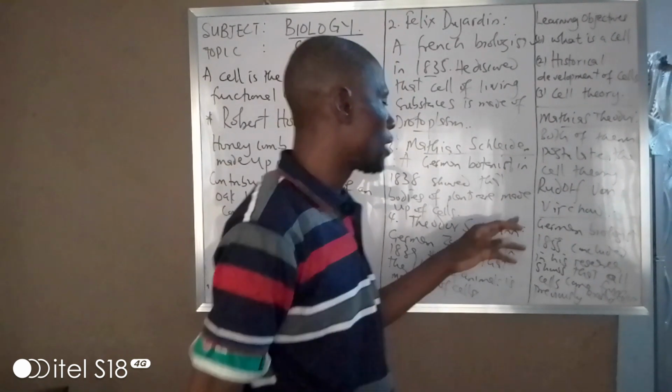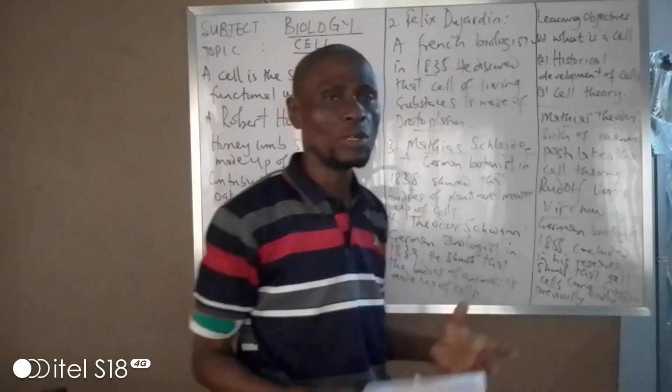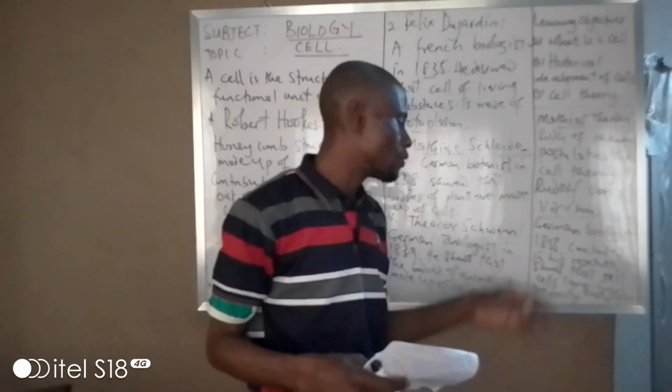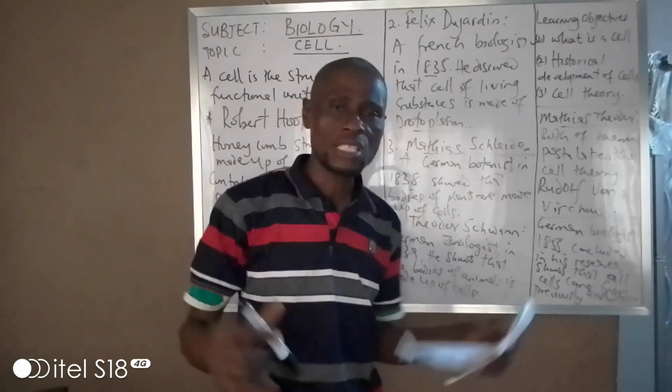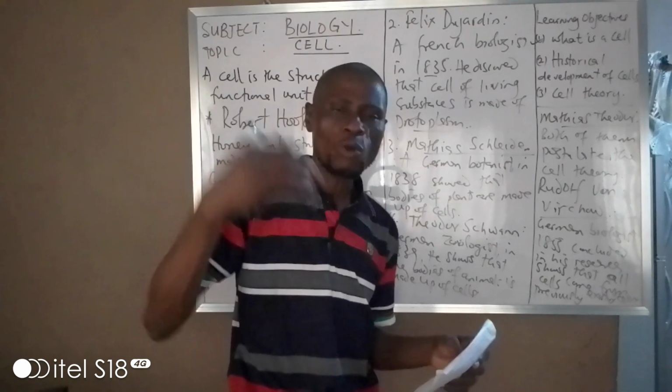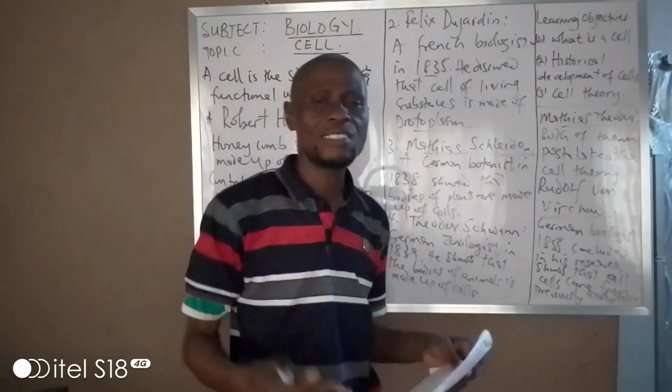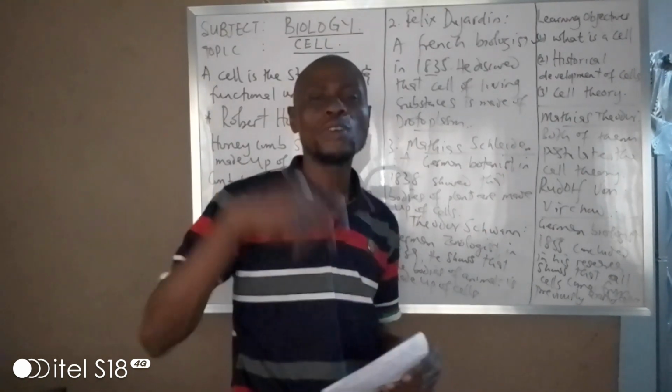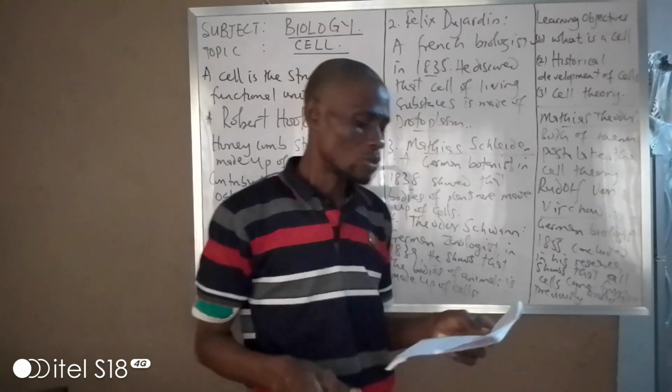So Rudolf Virchow, being a German biologist in 1855, concluded in his own work that a new cell comes from a previously existing cell. So the new cell starts from a previously existing cell. That's what we are saying.